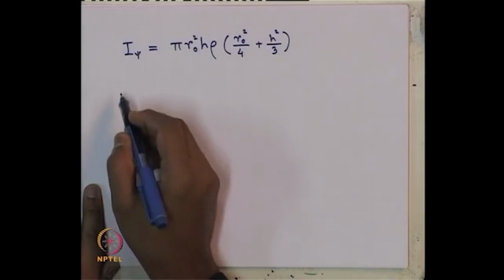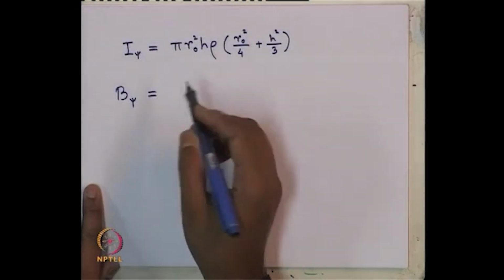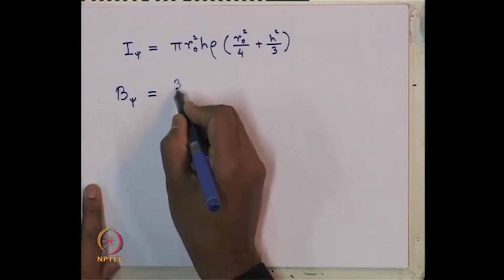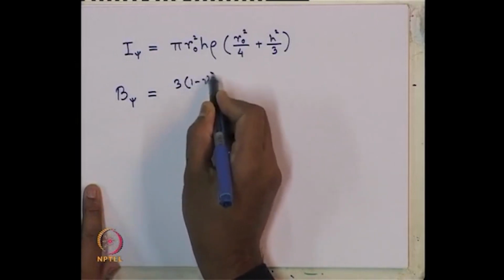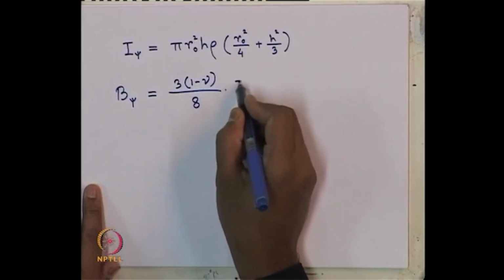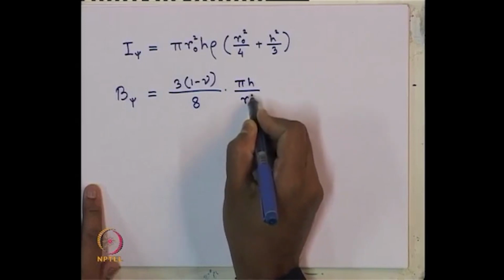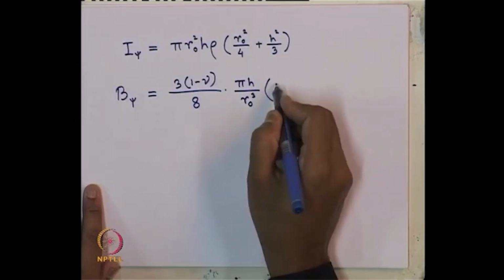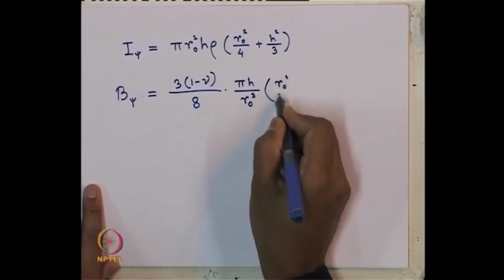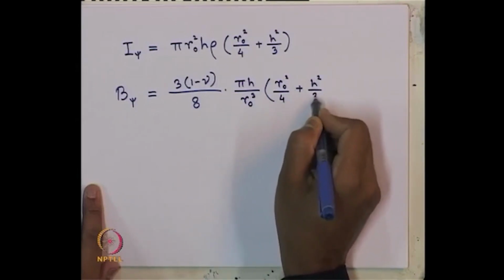So, the expression for B psi can be written like this: 3 into 1 minus mu by 8 into pi h by r naught cube, r naught square by 4 plus h square by 3.